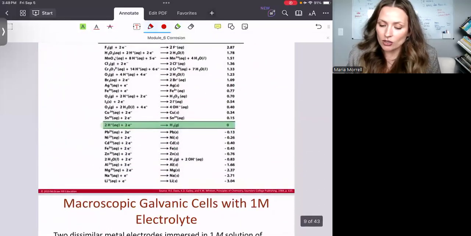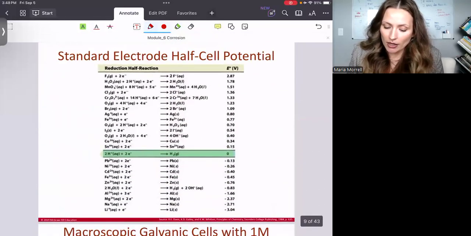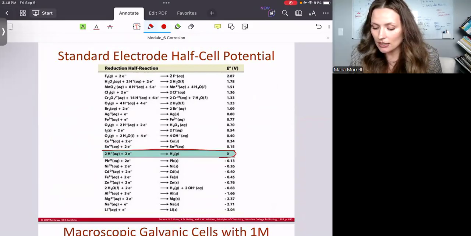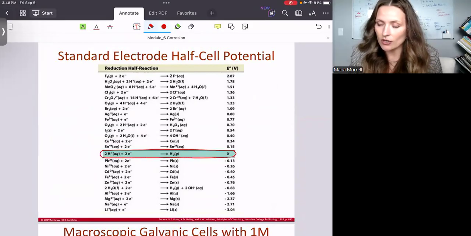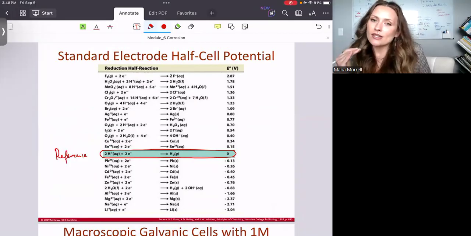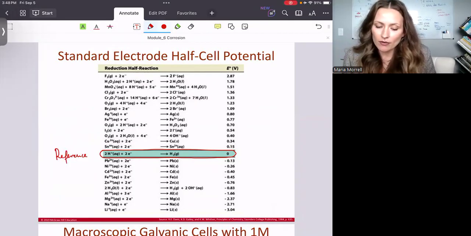So if I am to look at this table, keep in mind that this guy right here, and perhaps I shall highlight it like this, you will notice that it is assigned to be a zero, right? This is your hydrogen reduction reaction, right? This is your reference for all metals. And then you will notice that some of the metals ended up above, such as, for example, silver, right, or copper or tin.